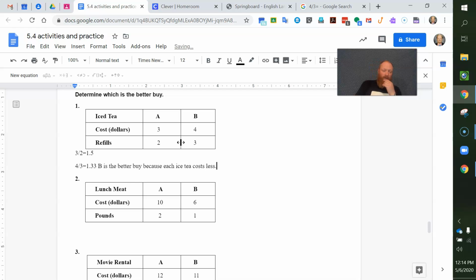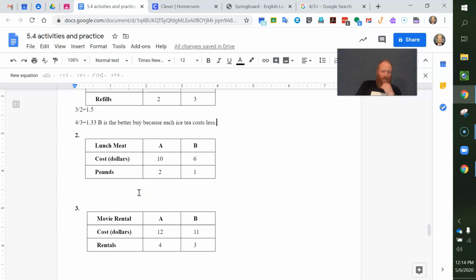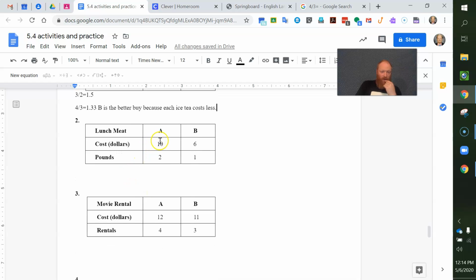Lunch meat, dollars per pound. So this would be 10 divided by 2, which is equal to 5. $5 per pound.